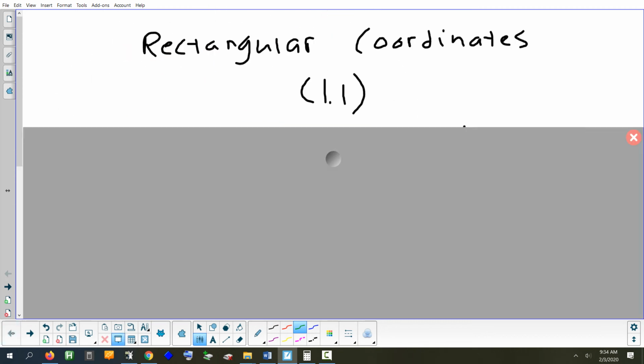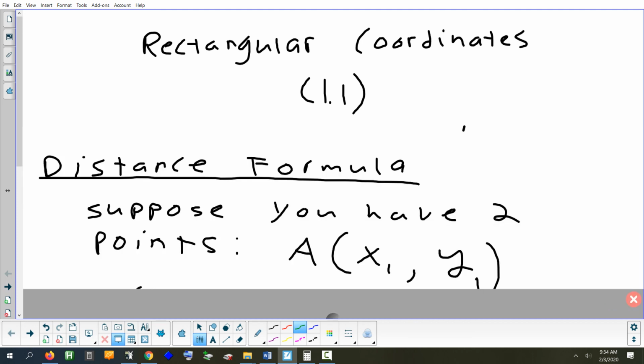All right, so what we're going to look at in this section, very, very short section, is two formulas. Distance formula, midpoint formula. The reason I'm doing the distance formula is because it involves a square root. And square roots are something that we're going to use all the time in trig.